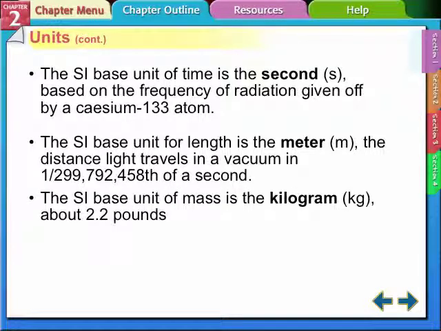The SI base unit of mass is the kilogram, about 2.2 pounds. This is an object, although that might change. They're looking into a couple of events to determine a different way to set the standard for the kilogram mass. The reason is that the current kilogram mass, which is a sphere, is a mixture of nickel and iridium.